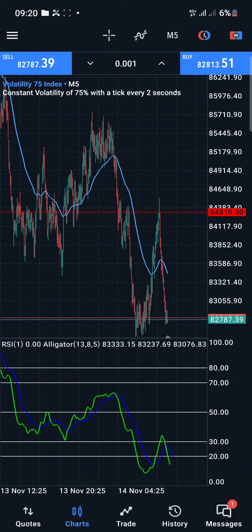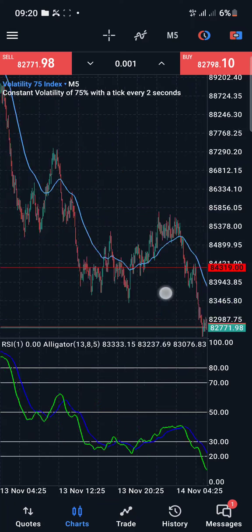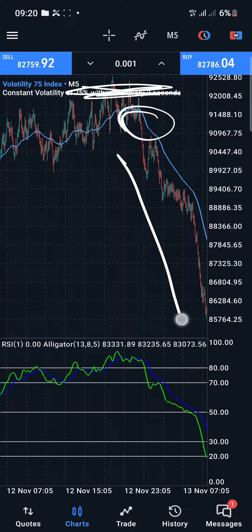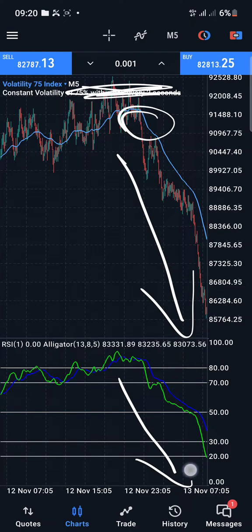So now let's go back to what we have right here. Okay, if we should notice, volatility 75 started selling right from this particular resistance zone, gave us an entry point around here, and of course it started selling right from there.